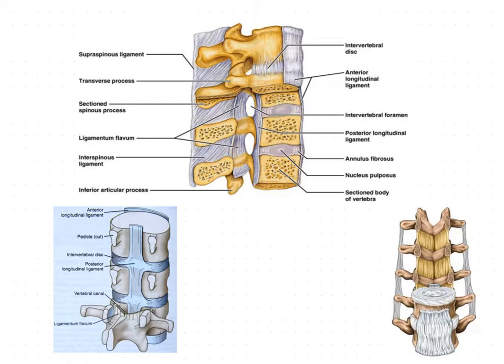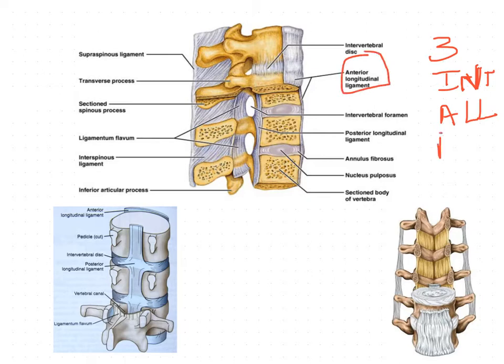So the three ligaments which are found in the intervertebral, intersegmental, we can say intersegmental ligamentous system, one is the anterior longitudinal ligament. Okay, one is anterior longitudinal ligament, and next one is the posterior longitudinal ligament.